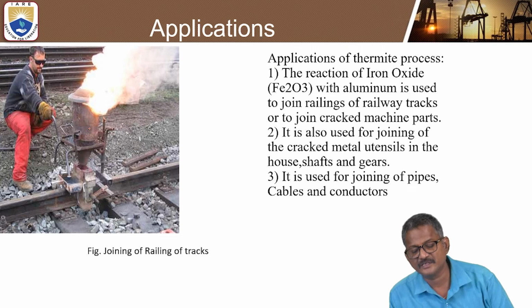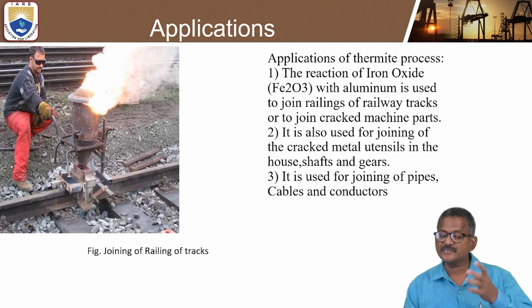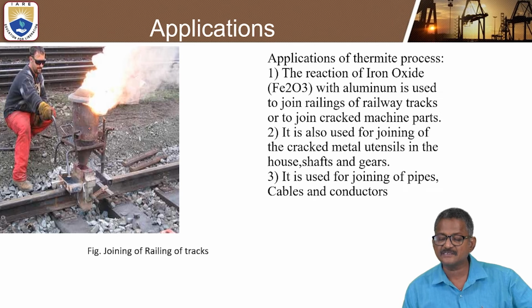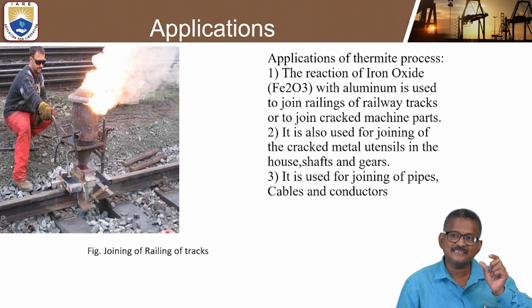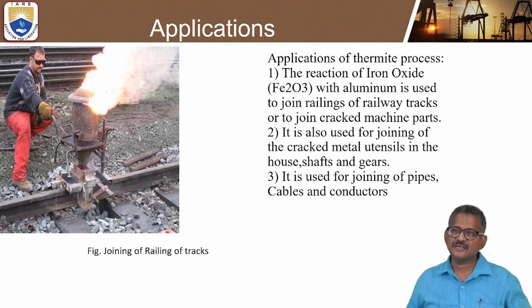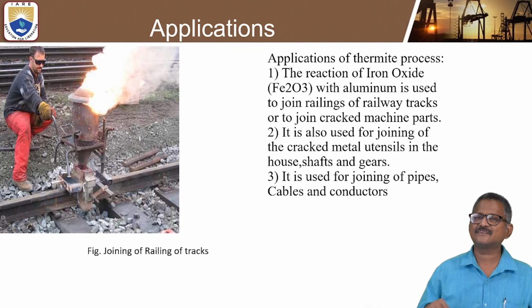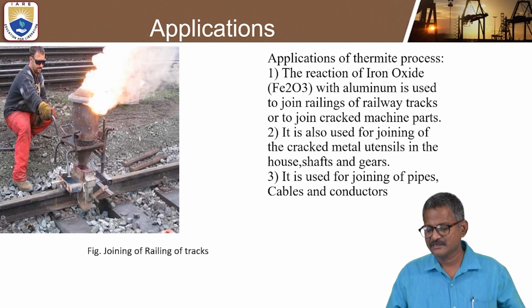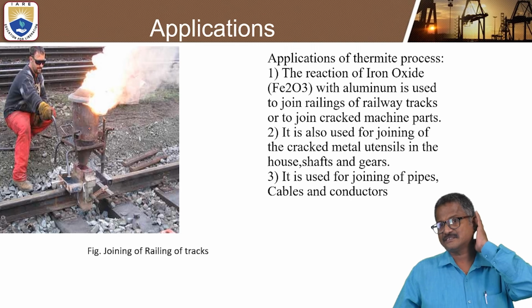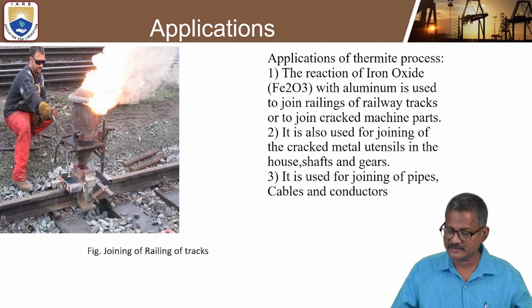Majorly, the application of the thermite process is, first, the reaction of iron oxide with aluminum, which is used to join the rails of railway tracks. In such cases you need to develop a better joint.